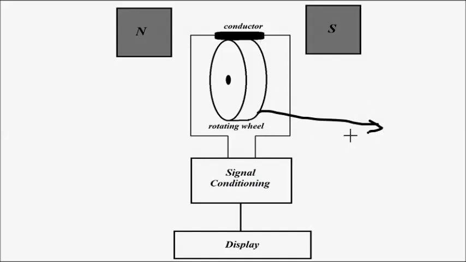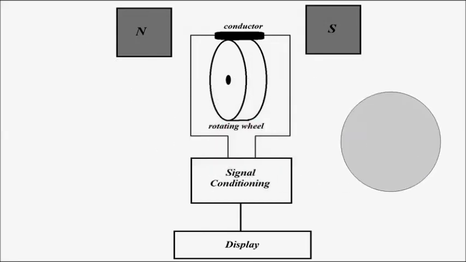So when that body part moves, the rotating wheel also moves, and as this rotating wheel moves, the portion where the conductor is connected to the rotating wheel passes through the magnetic field produced by the permanent magnet, then a current flows through the conductor which is carried by these wires, and that is fed to the signal conditioning block. Again, the same basic signal conditioning operations are performed, and then we get the display readout.